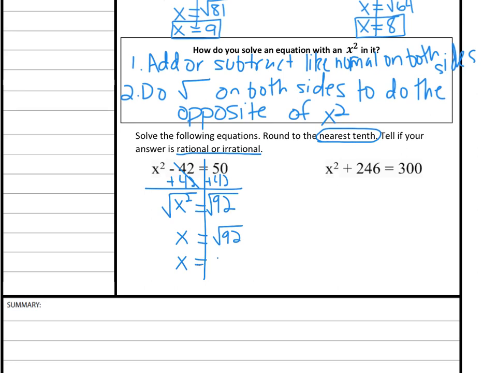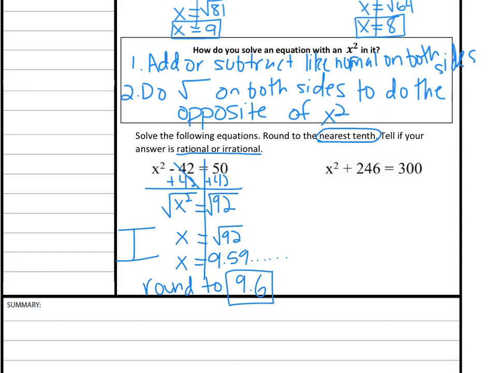It turns out it is a decimal. It's 9.59... It goes on forever. So I already know that this is going to be irrational, so why don't I label it with an I? But it said to round it to the nearest tenth, so I'm going to round it to 9.6 because that 9 behind the 5 bumps it up to make it turn into 9.6.